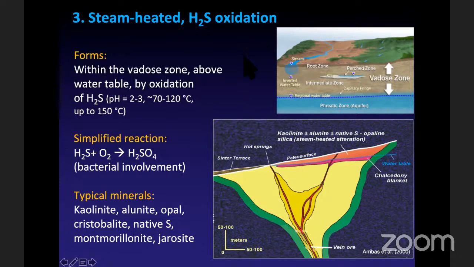The pH in this zone is not as low as in the previous example, 2 to 3. Temperatures are around boiling because that's the maximum temperature here, but you can have higher temperature geothermal vapor coming from the deeper geothermal fluid to the surface. Simplified reaction, again, there is bacterial involvement.